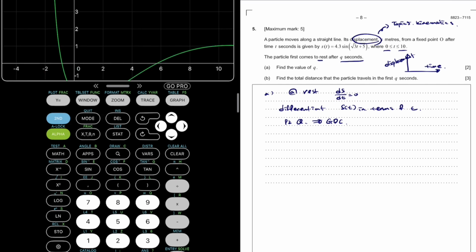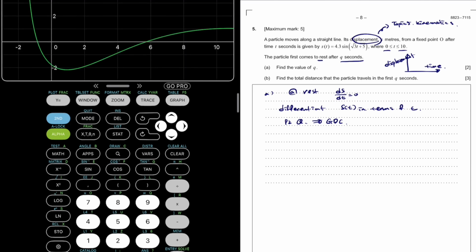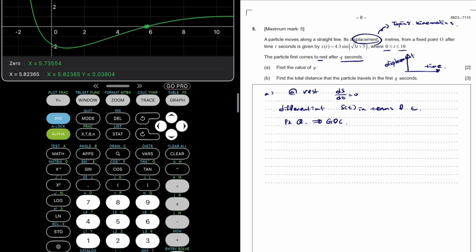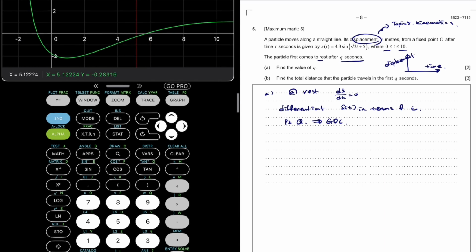Let's adjust the window a little bit because we don't need all these values. I'm going to use negative 3 instead of negative 5 for x minimum. For the y minimum, I'm also going to use negative 3 for a better view. Then you can see that we meet the x-axis at this point, but let's find the exact point by using the calc function on your calculator and finding the zero. Let's identify the left bound first, and after that the right bound.